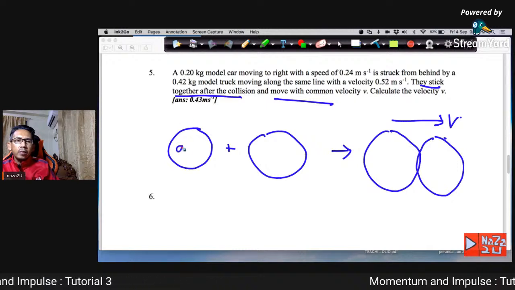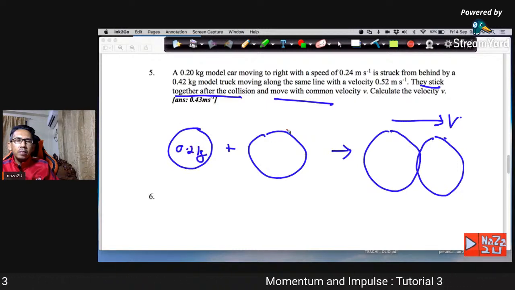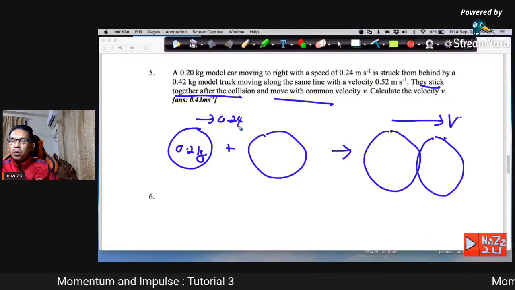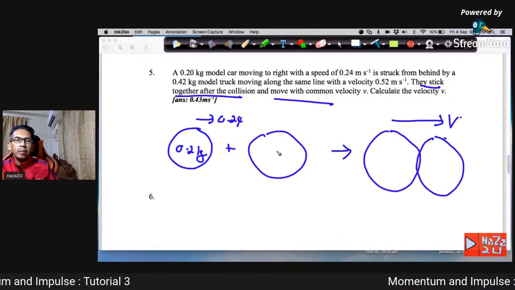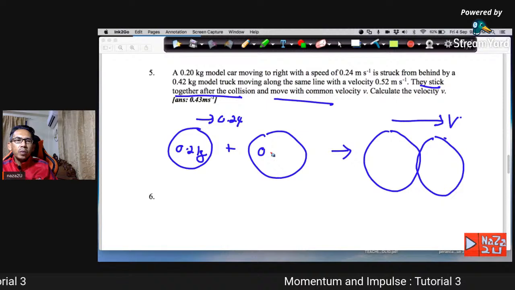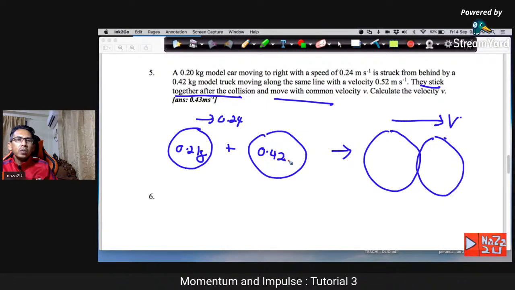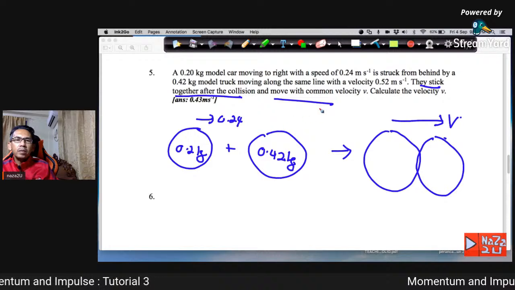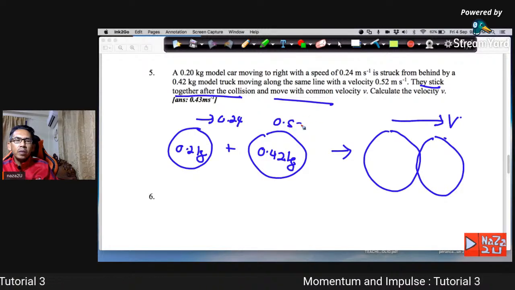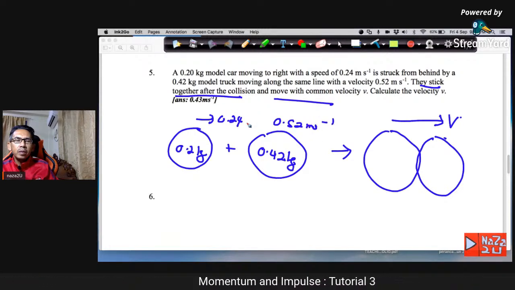So this is 0.2 kilogram and velocity is 0.24, and the second mass is 0.42 kilogram, and the velocity is 0.52 meter per second. This is unit meter per second.